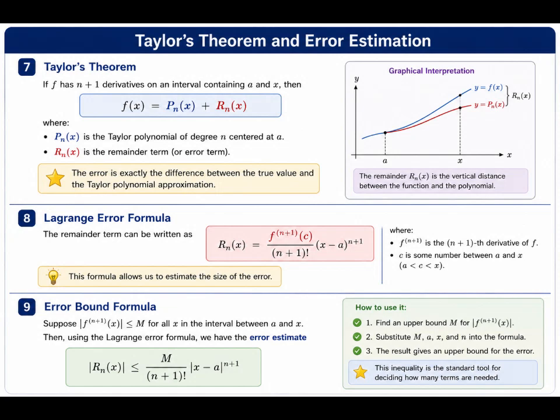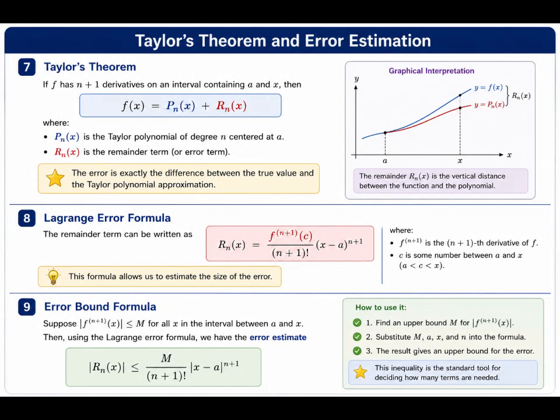This formula provides a powerful way to estimate the size of the error. Notice that the error depends on three important factors: the size of the next derivative, the distance from the center point, and the degree of the Taylor polynomial. Generally speaking, higher degree polynomials produce smaller errors. In practice, we often use an upper bound. This gives us the Taylor error bound formula.